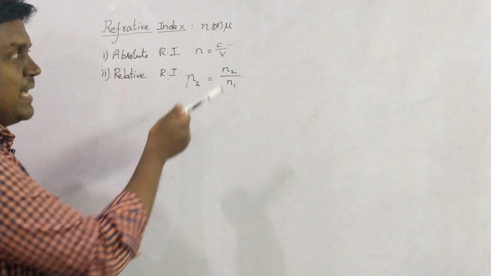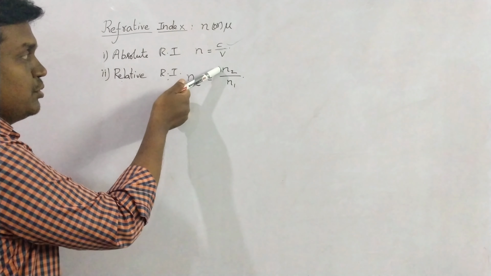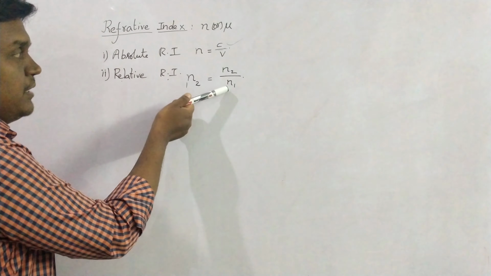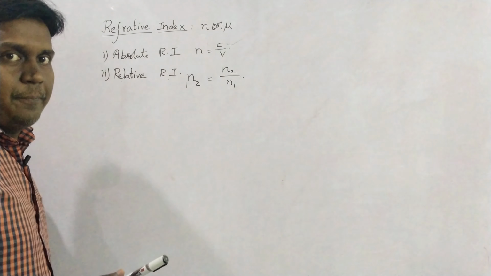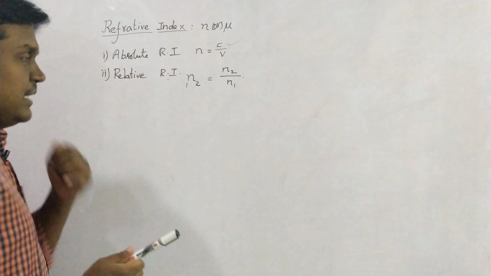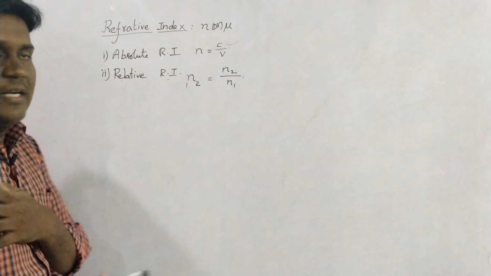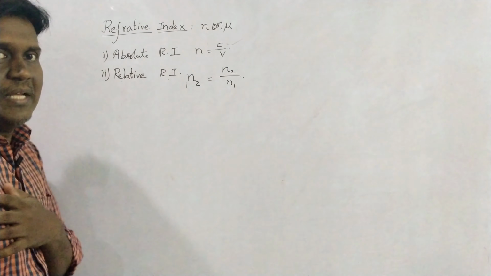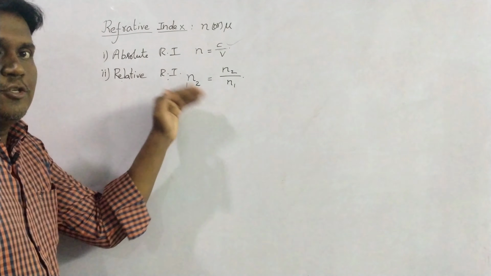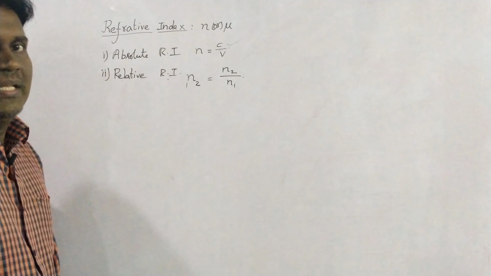That means the refractive index of medium 2 relative to the refractive index of medium 1. So that is called relative refractive index, and this also won't have any units, as it is also the ratio of speeds.